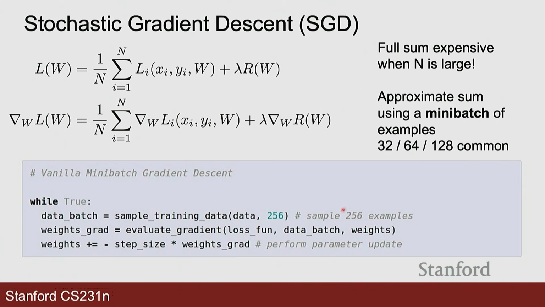If we look at the code, we're sampling 256 data points from our data set, so the batch size is 256. We evaluate the gradients on this 256-example subset, and then we do the same thing as before. The reason it's called stochastic gradient descent is because we're sampling a random subset of our data set at each step of the algorithm.